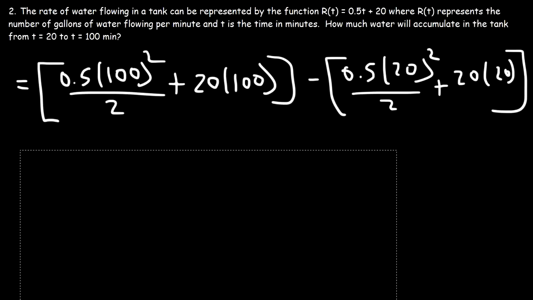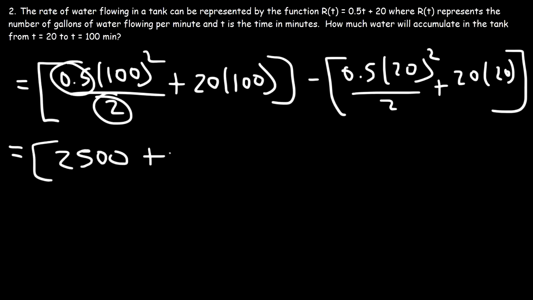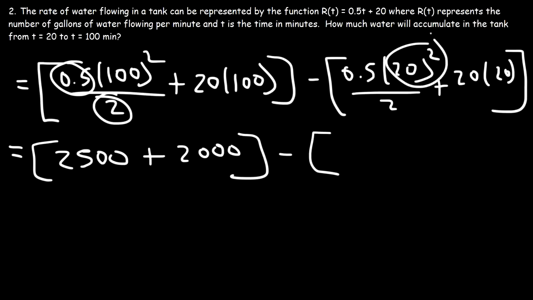So now let's work out the math. 100 squared is 10,000, and 10,000 divided by 2 is 5,000. Half of 5,000 is 2,500. And then 20 times 100 is 2,000. Here we have 20 squared. So 20 times 20 is 400. Divided by 2, that's 200, and then half of 200, that's 100.